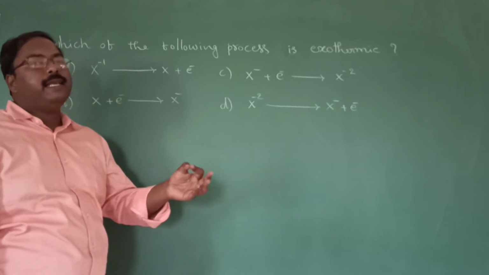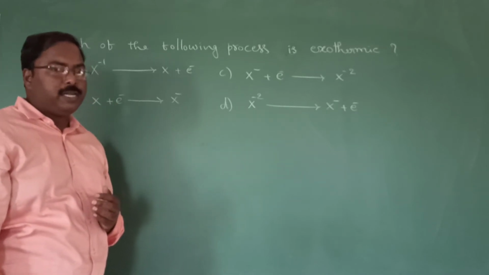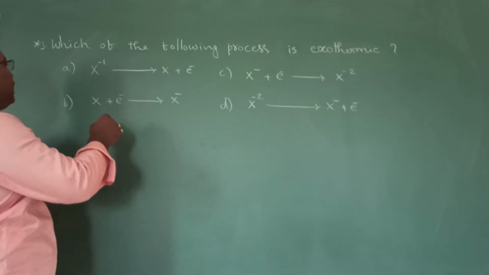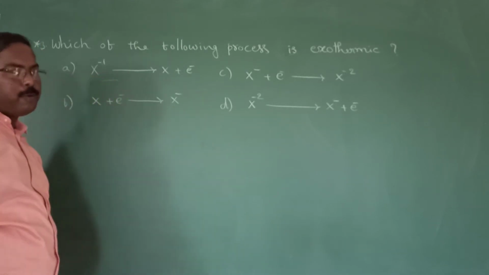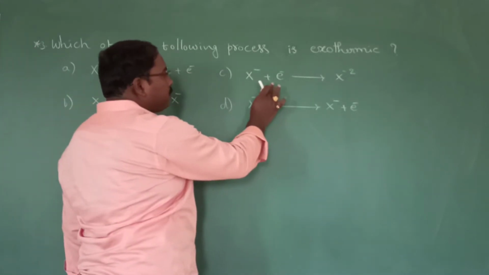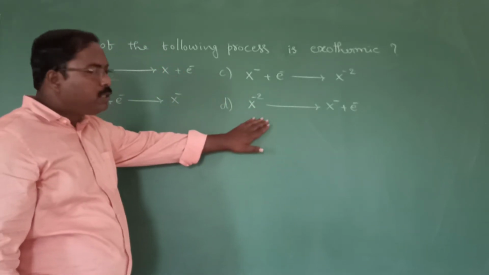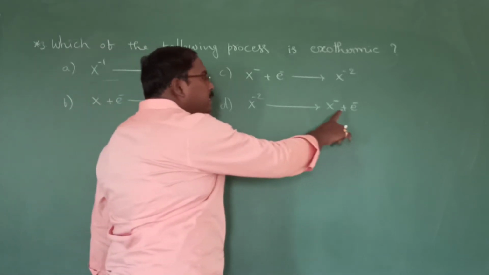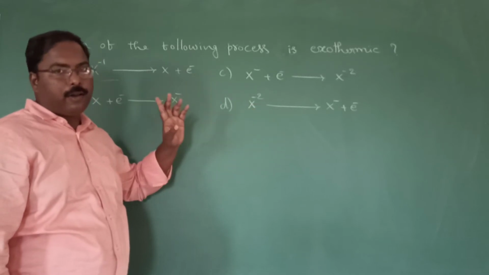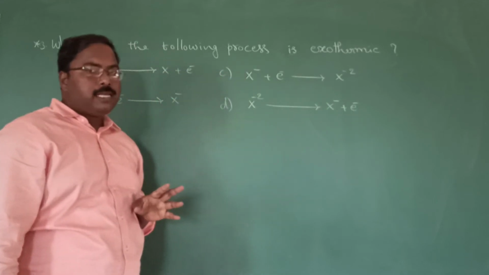This energy is what we generally call ionization potential, which we already discussed in detail. Energy required means this process is endothermic. Same as the first option, in the fourth option also one electron is removed from the minus 2 charged ion, so minus 2 becomes minus 1.